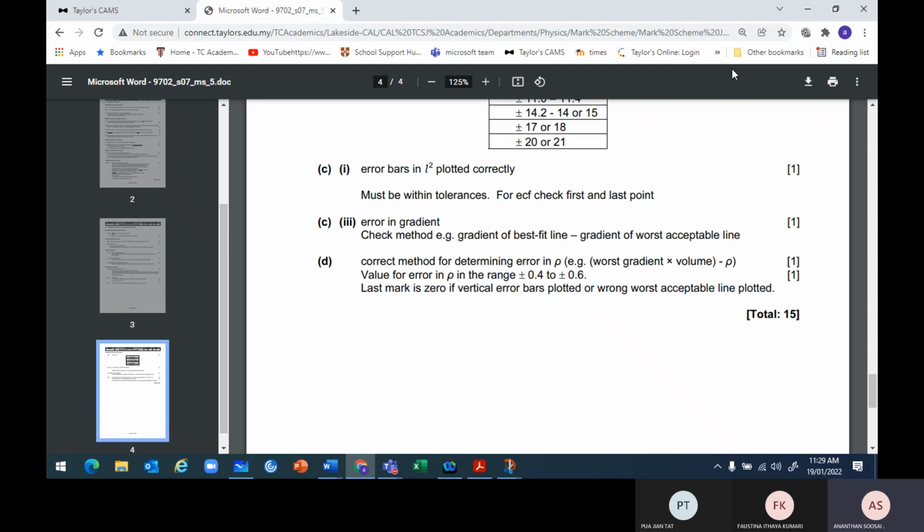Can it be the other way around? Worst fit minus best fit, you also get a negative or plus answer. Same, right? Because it's plus minus. But try to get the plus one. Both are acceptable, but normally, because it's plus minus, you get negative also.